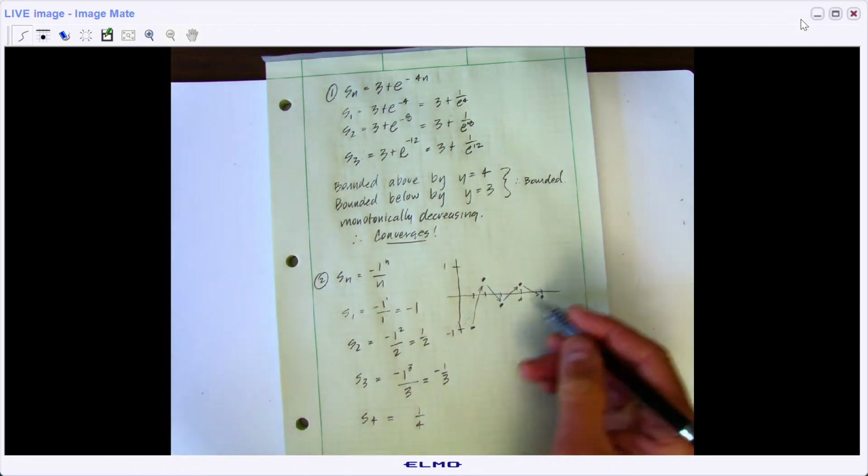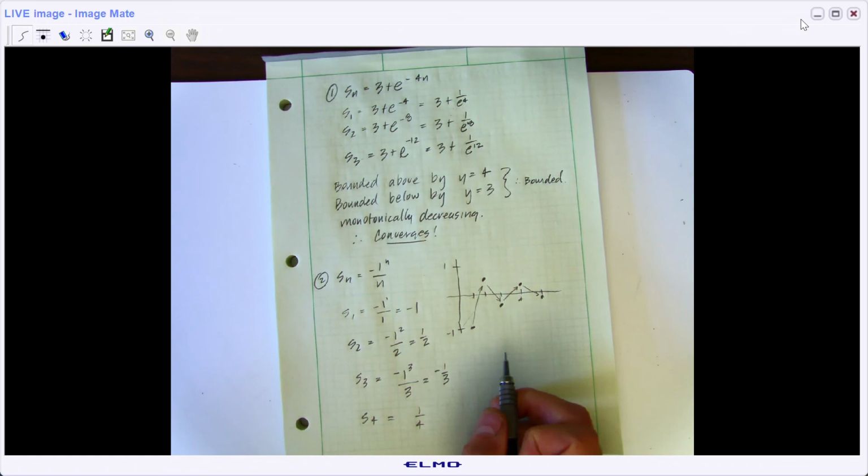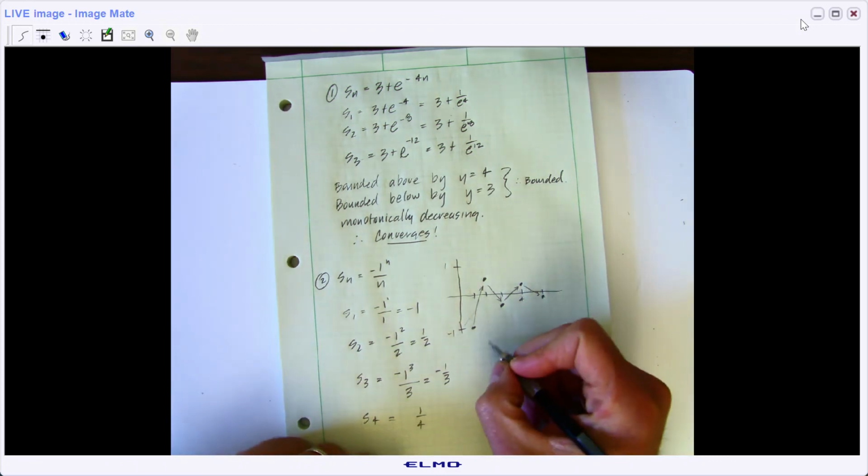So it does appear like this thing is converging, but we cannot use this particular theorem that we just stated. And the reason we can't is because this thing is not monotonically increasing or decreasing.